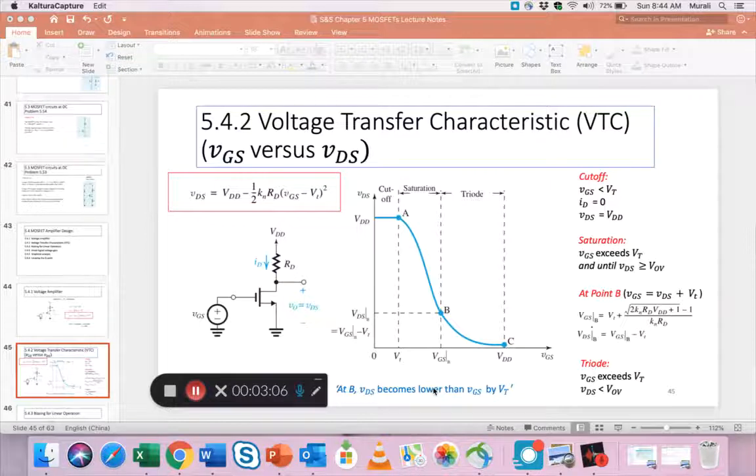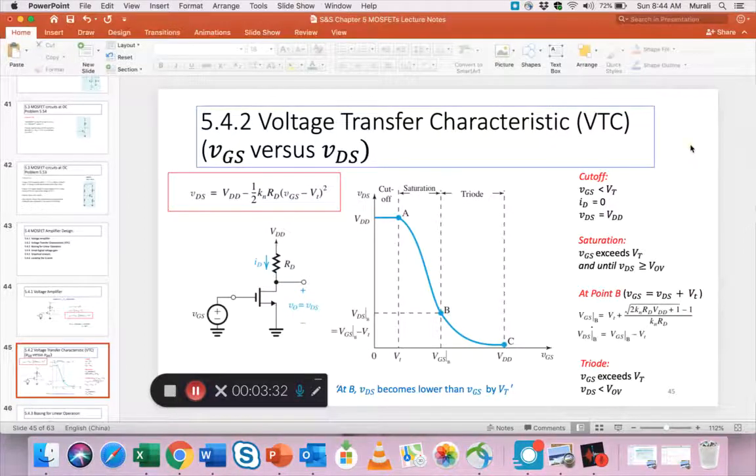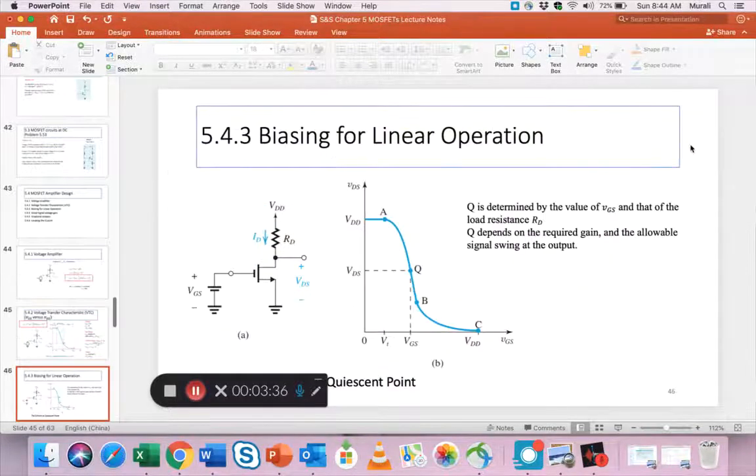If you translate this, it just means that at point B, if you take the value of VGS and compare it to VDS, you'll find that VGS is VDS plus VT. So the x coordinate and the y coordinate at point B are related to each other in that way. It's a subtle difference, but that's the way it's in the textbook, and I thought it's important to make that correction.